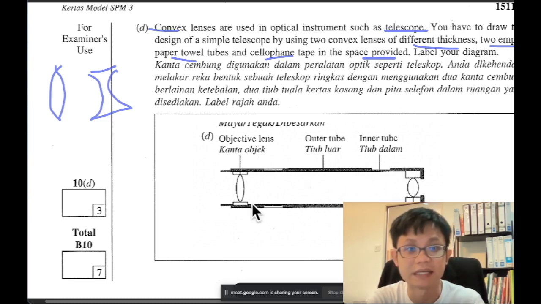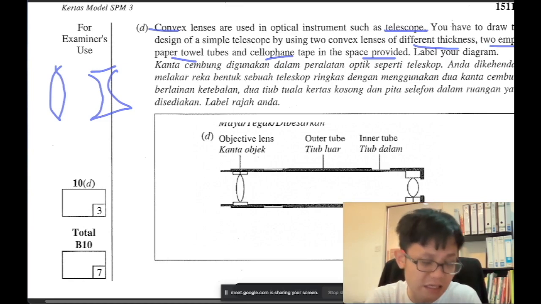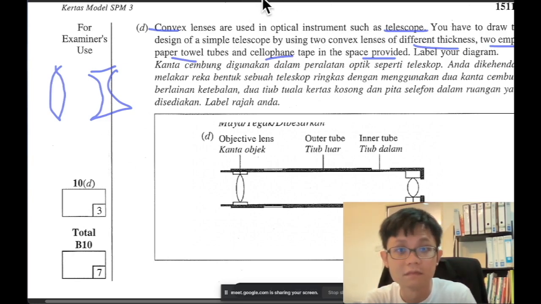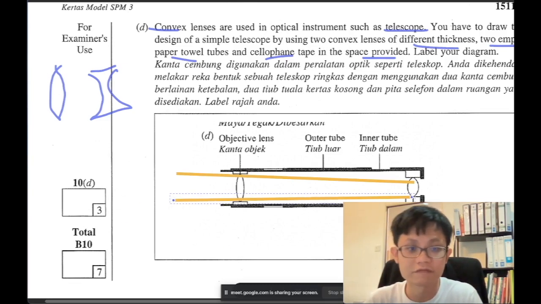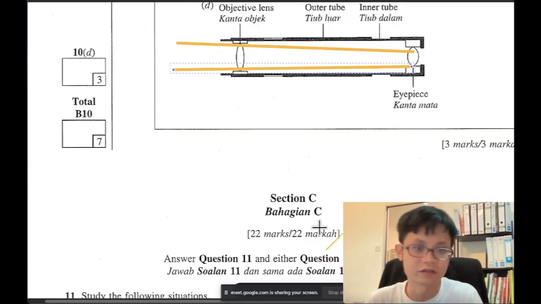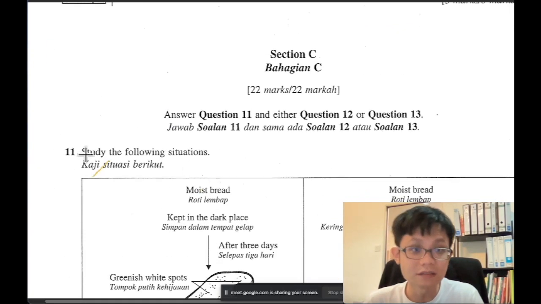So this will be a basic telescope that you want to have. Okay, so obviously this is the eyepiece, this is the lens, so we can see that. Okay, so this we can look at the view for telescope, 3 marks. Okay, you draw this one.